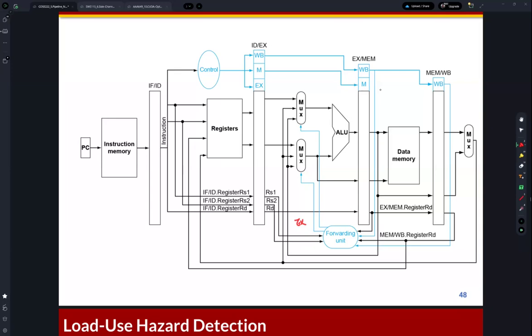Also, the forwarding unit needs to receive the RegWrite signal. Then the forwarding unit can generate the forwarding selection signal for these forwarding multiplexers.